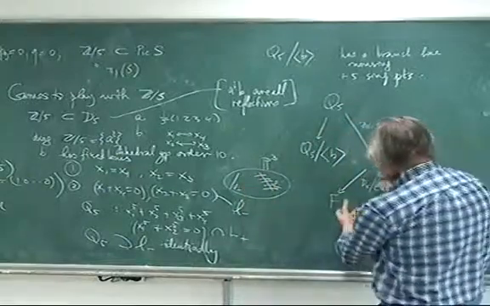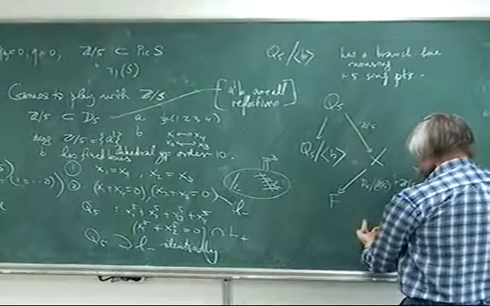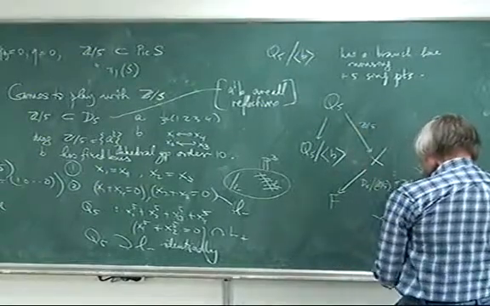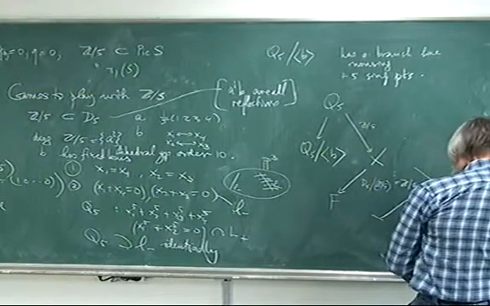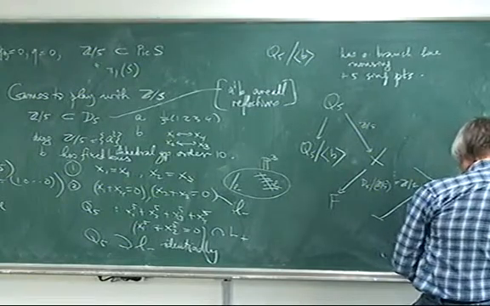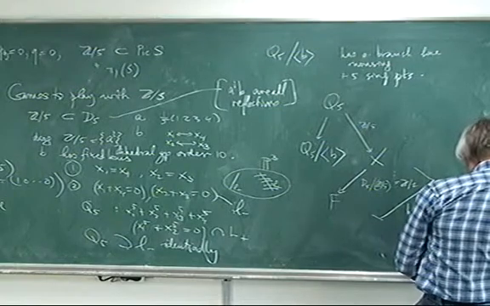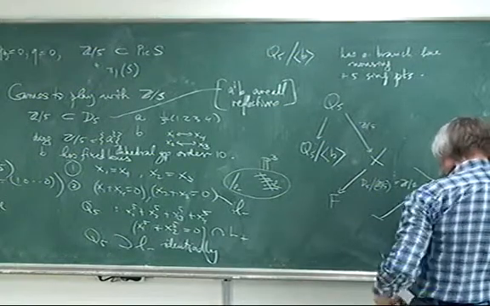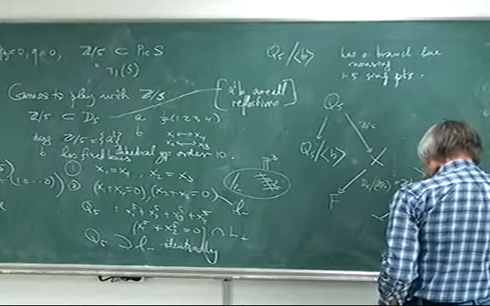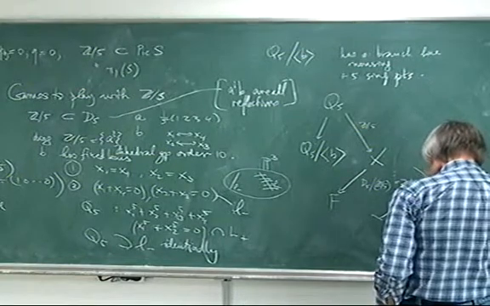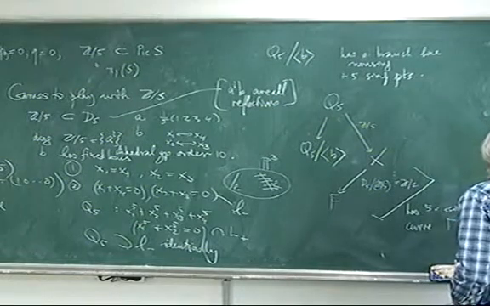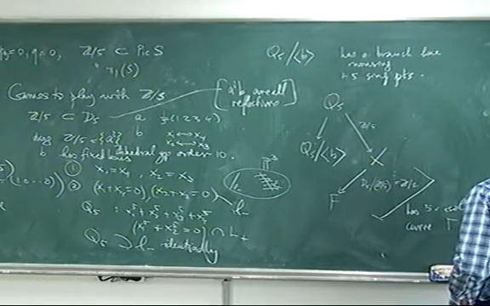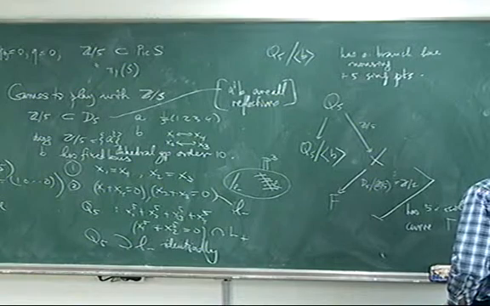So anyway, the upshot is that this action here has 5 isolated fixed points, and a fixed curve gamma with gamma squared equals -3.